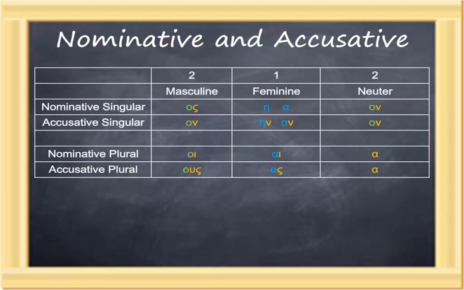Oh my, that's confusing. How do we tell the difference? Context is one thing. How the rest of the words are used in the sentence, process of elimination. But we'll also learn about another helper a little bit later in this lesson. Please notice that just as the nominative and accusative neuter singulars are identical, so too are the nominative and accusative neuter plurals.